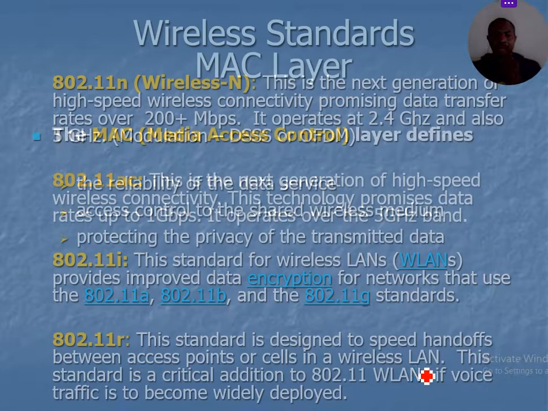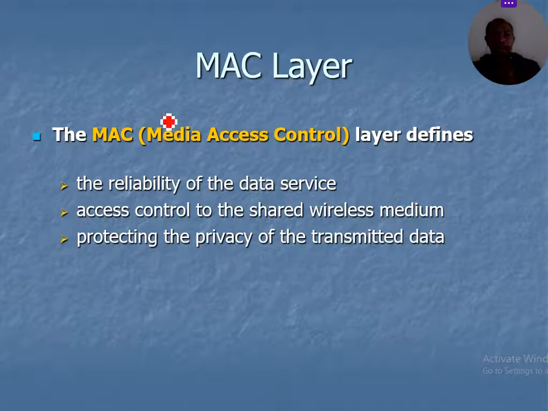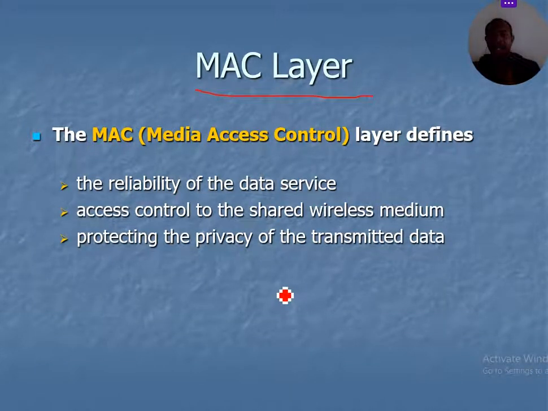Is that okay? Now let's move on quickly. Now let's take a look at another layer. We finished the physical layer in this chapter for the IEEE standard 802.11 family. Now let's take a look at the MAC layer. The MAC layer, which we call the media access control layer, defines the reliability of the data service.